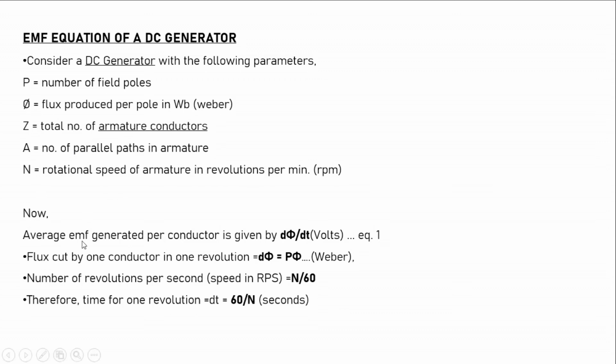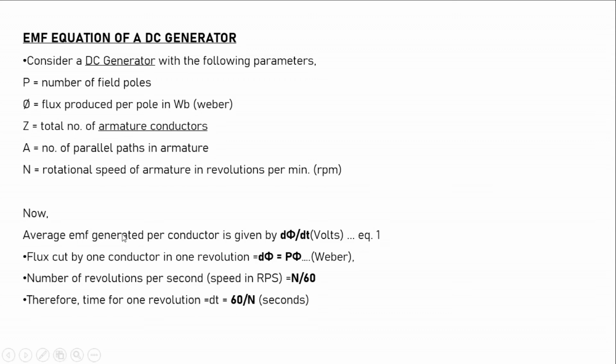Now the average EMF generated per conductor. In one conductor, the average EMF generated is given by d phi by dt, from Faraday's law of electromagnetic induction, the rate of change of flux with respect to time, which we already came across.